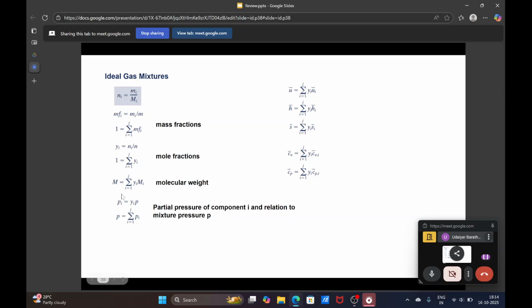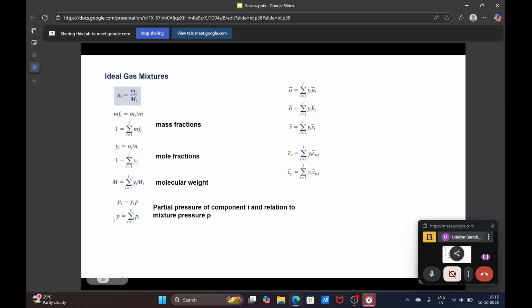And we also know the partial pressure of an individual species is equal to its mole fraction multiplied by the total pressure. That gives you the partial pressure, and the sum of partial pressures will be equal to the total pressure, because P will be constant. So it will be the summation of yi, and the summation of yi is 1.